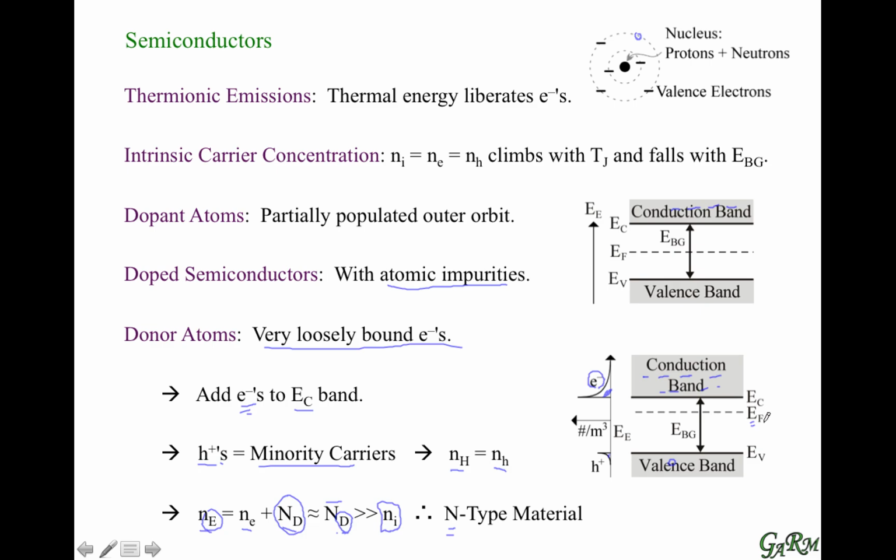So anytime we see an energy band diagram where the Fermi level is closer to the conduction band, it is much more likely to find an electron charge carrier than a hole charge carrier, which means that it's an N-type material.